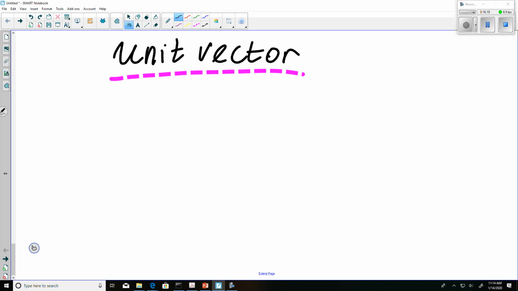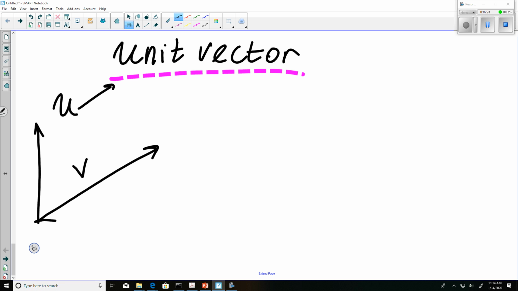So let's say u is a unit vector. I have vector v, and from vector v I would like to make a unit vector. The unit vector will have the same direction as v, but the magnitude of the unit vector will be how much? If it's a unit vector, how much should the magnitude be? 1. Very good. So this u will have the same direction, but the magnitude of u will be just 1.